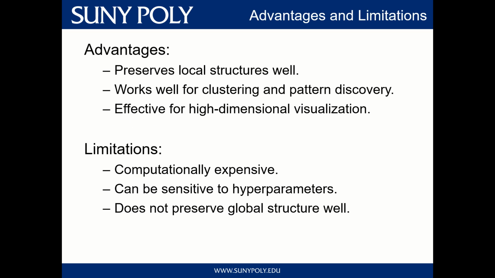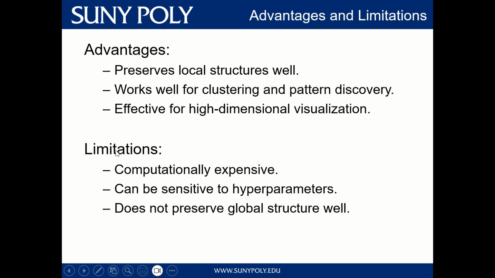Okay, so what are the advantages of this algorithm? Well, the first one is that it preserves the local structures well, and we were able to see that in the second example. It's very useful for clustering and also classification, as the problem that we provided. So it's effective for high dimensional visualization, not for modeling, right?